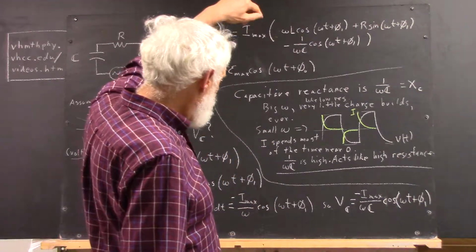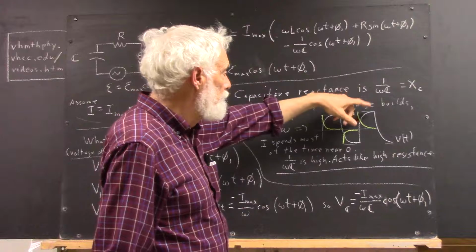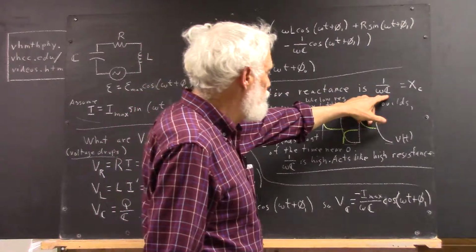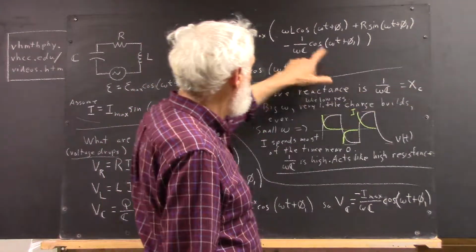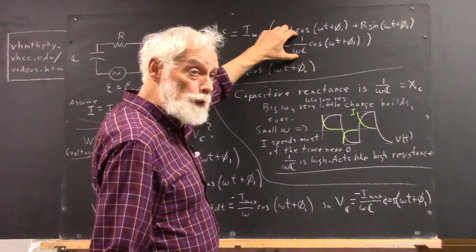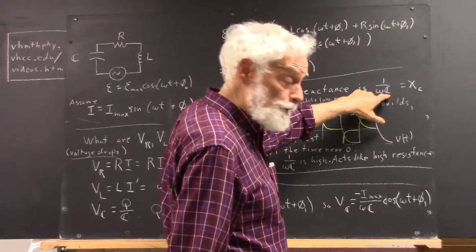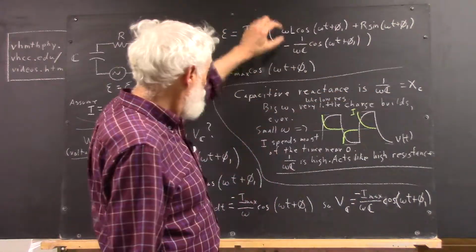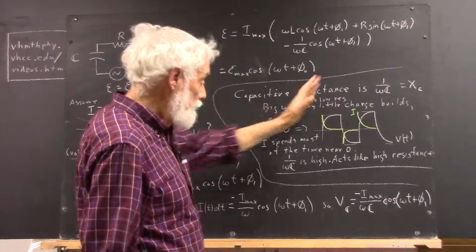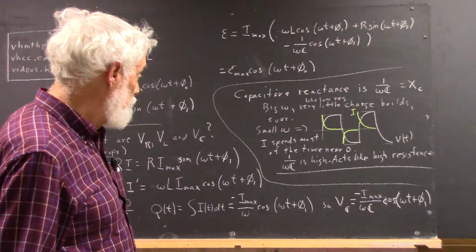Capacitive reactance, this 1 over omega C, which we call X sub C, has the units of resistance. And we're going to call this inductive reactance. That's on another board. We'll get to that very quickly.